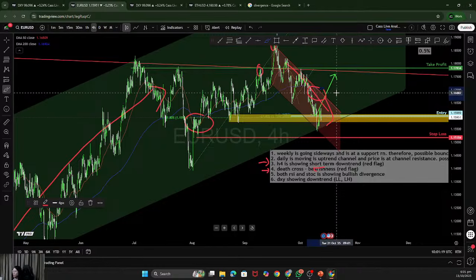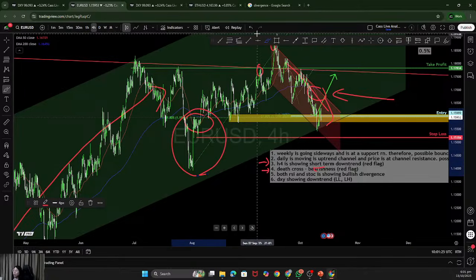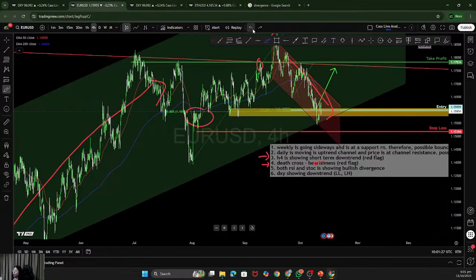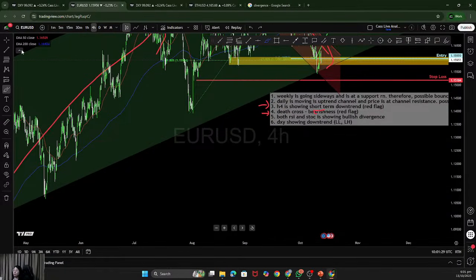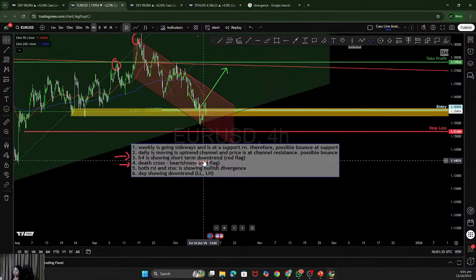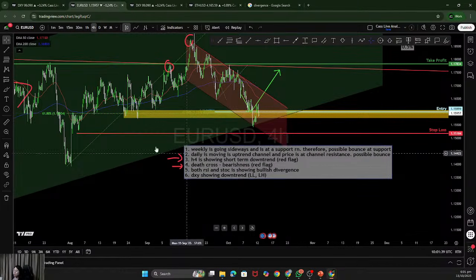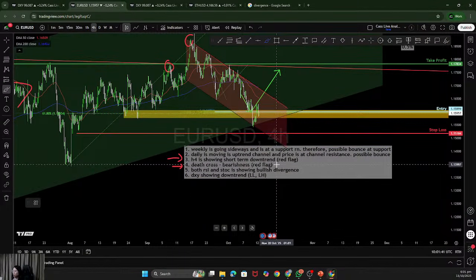Is this a confirmation of a trend reversal, or is this just a strong pullback just like here? I don't know, but I think it's okay for this one time to give it a chance and to believe that it could just be a fake out. Okay, it could just be a pullback. So I'm gonna ignore or not give this so much weight.